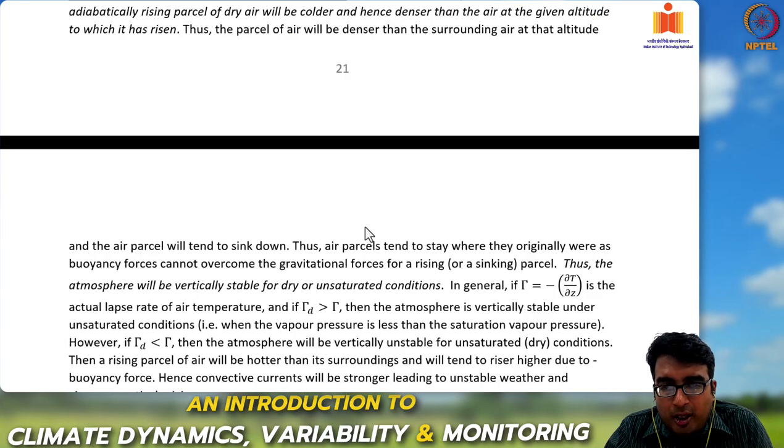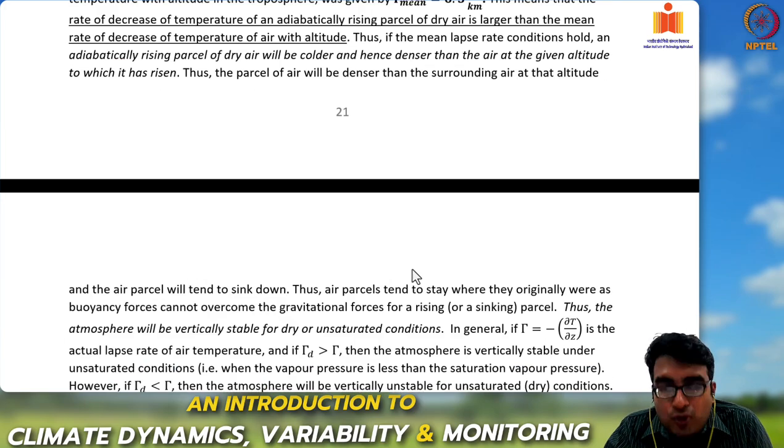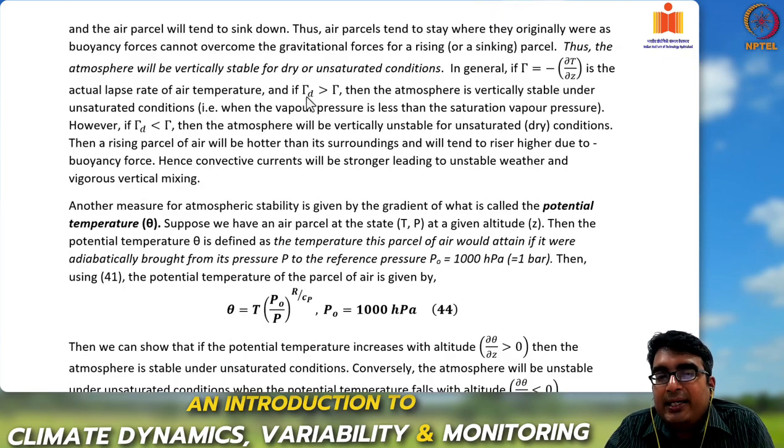What we also saw is that if gamma D is greater than gamma, the dry adiabatic lapse rate greater than the prevalent atmospheric lapse rate at that location, then we have a stable atmosphere, because the air parcel is cooling quicker than the surrounding atmosphere with height, and hence will be colder and denser, and hence the gravitational force will eventually cause the air parcel to sink back down.